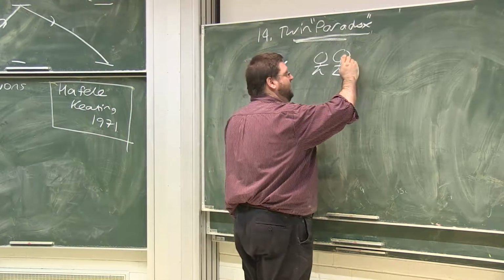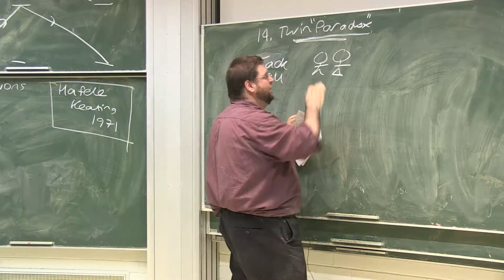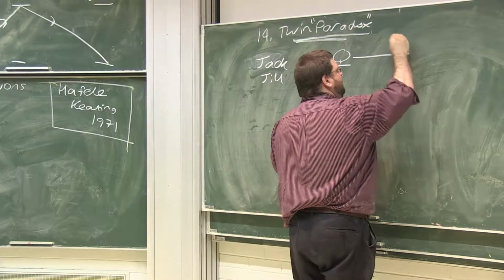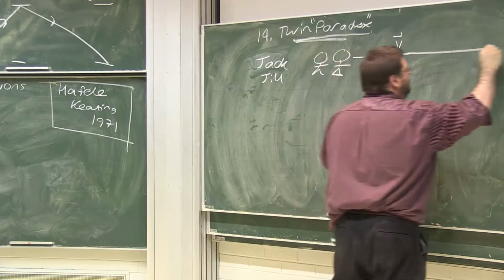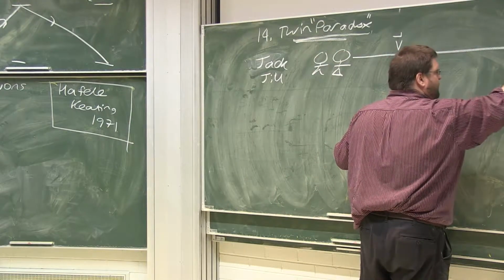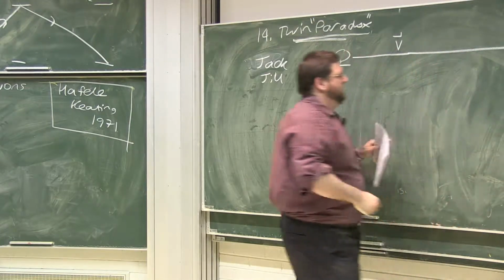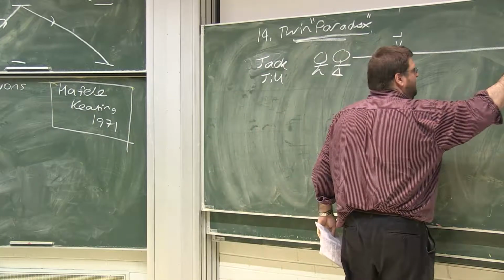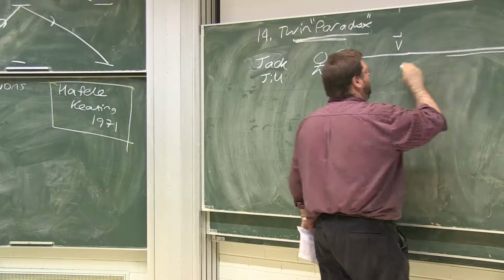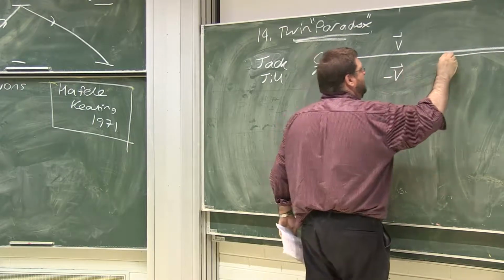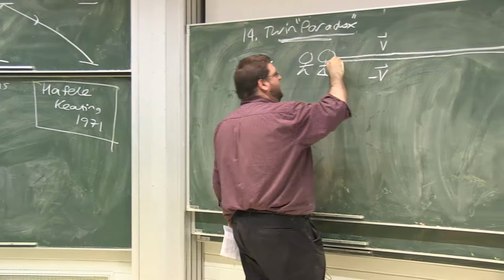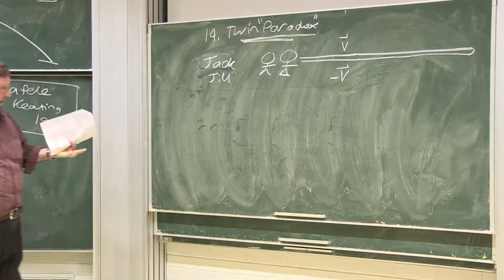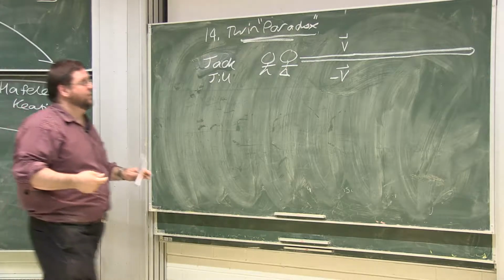Jill then hops into her spaceship, with a very brief period of acceleration, after which she travels at constant velocity v for a long time, according to her. Then there's a very brief period of deceleration, but these are brief periods, so who cares? She turns around and comes back with equal but opposite velocity minus v, decelerates, and now she compares her age with Jack's.